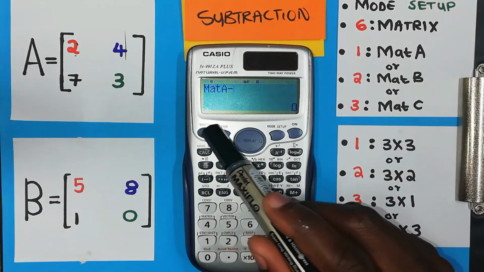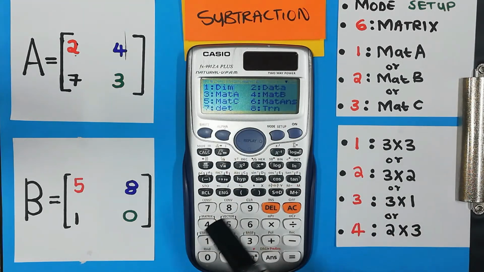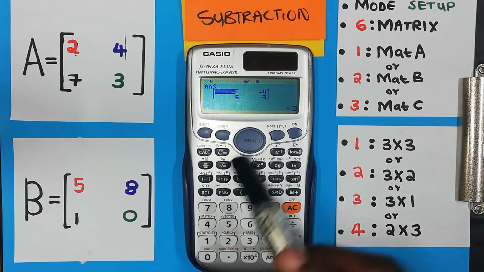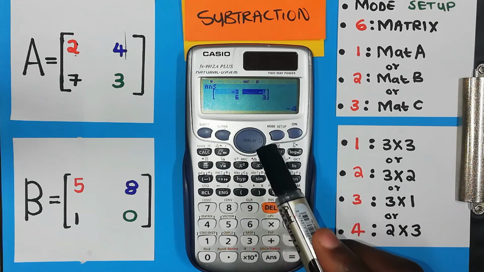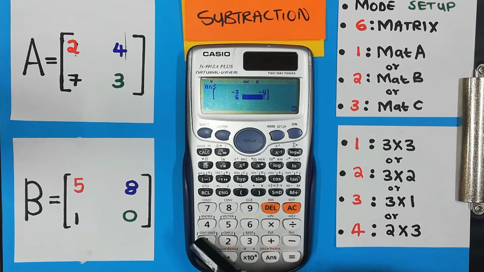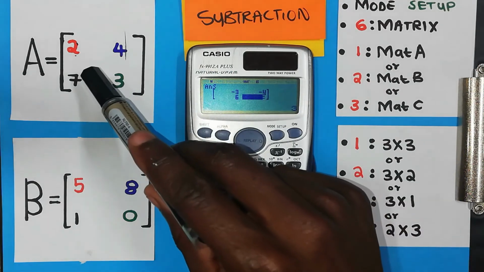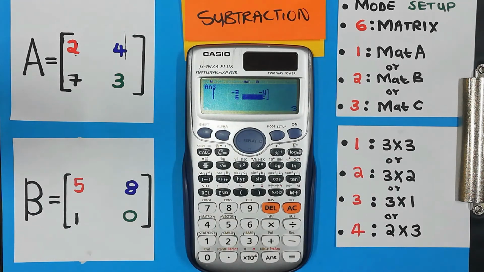Therefore I go look for matrix B. It's shift, then you press 4, then you press option 4 for matrix B. Then I press the equal sign. The answer that I get here is -3, -4, 6, and 3. It's the answer when you subtract matrix A and matrix B.